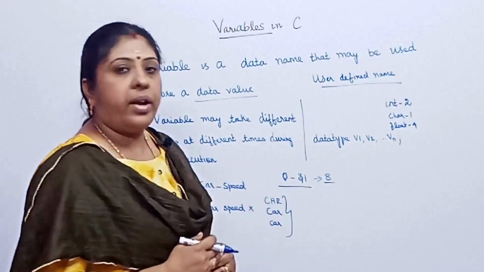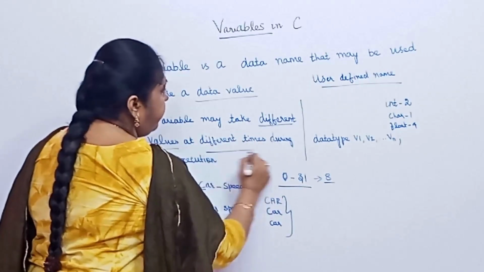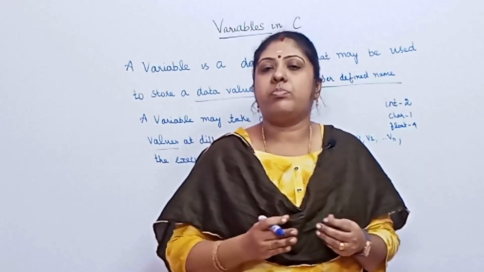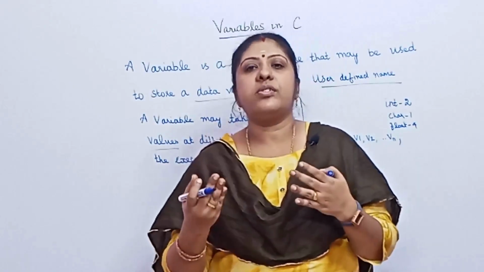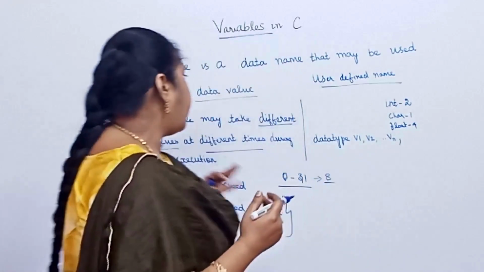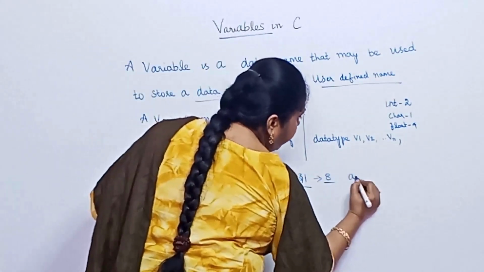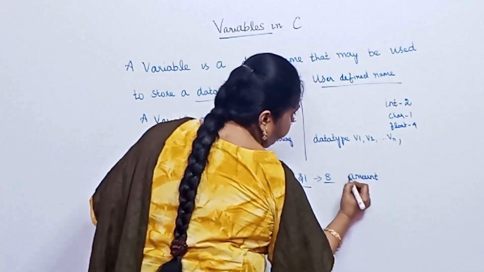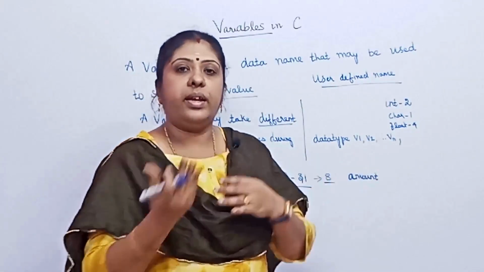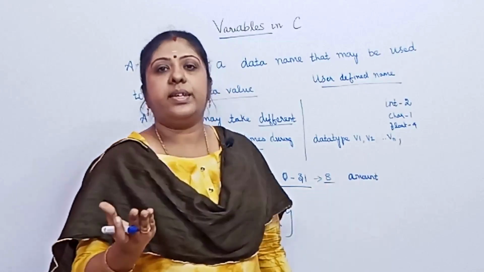And then the next point, a variable may take different values at different times. That means the values keep on changing or varying within the same program itself. Consider a variable named amount, where we are going to calculate the interest for each year.